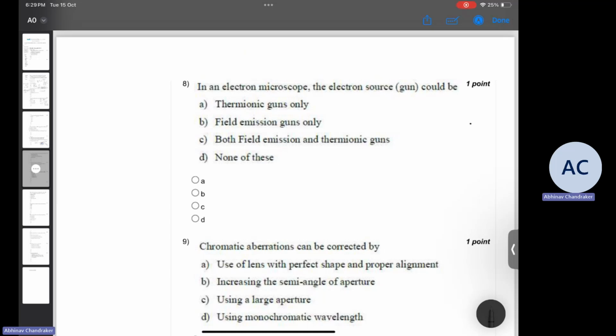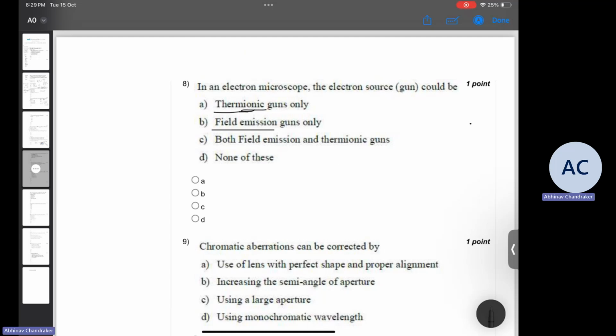There we discussed thermionic generation and field emission generation, and what the differences between them are. In thermionic, it's because of the heating that we get the electrons.